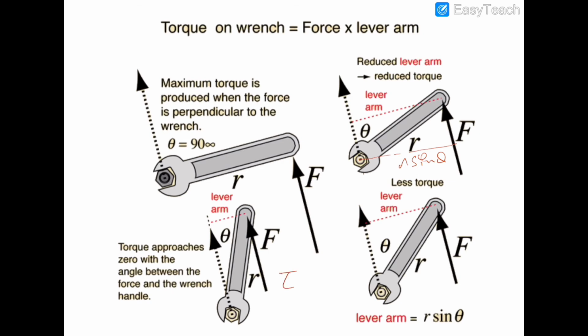So tau would be equal to F into r sine theta. Now as this wrench will rotate, this angle theta would decrease, and therefore the torque will decrease, and a moment will come when this theta would be tending to 0. Therefore torque in this case would be almost 0.